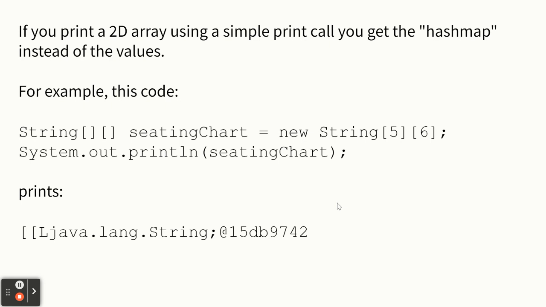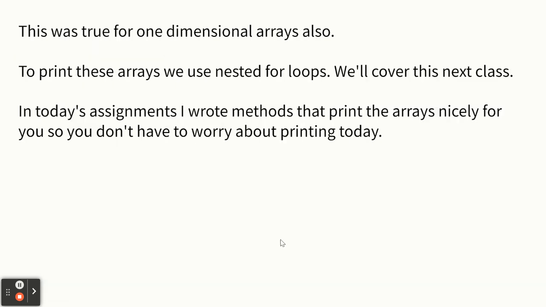Okay, so listen, if you print a 2D array, you get the same useless thing as if you print a 1D array. You get something like this, a hash map instead of the values. So if I ran this code, I would get something like this. To print these arrays, we use nested for loops, and we're going to cover this on Friday.